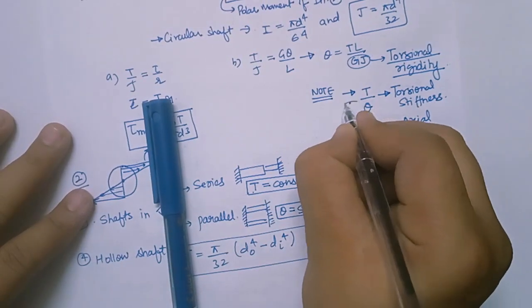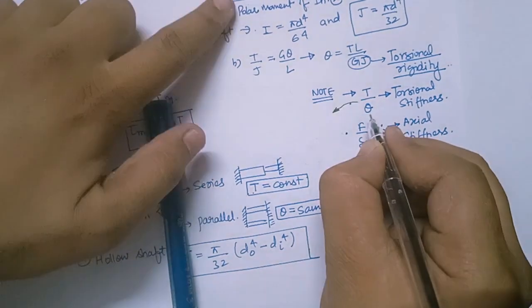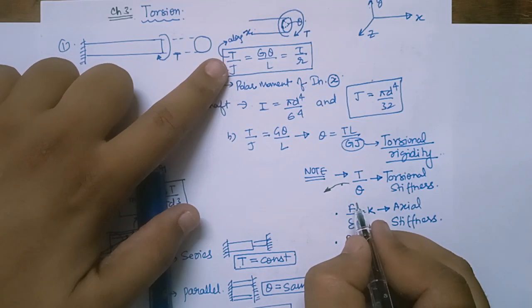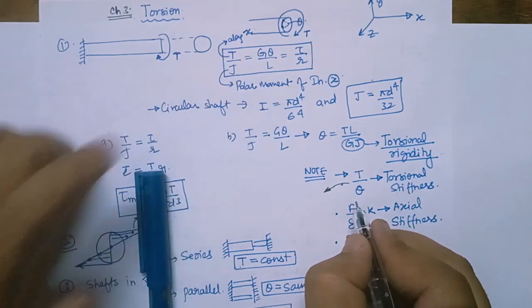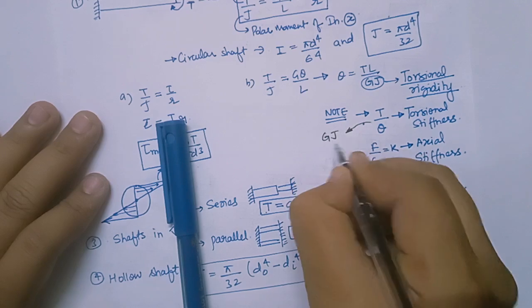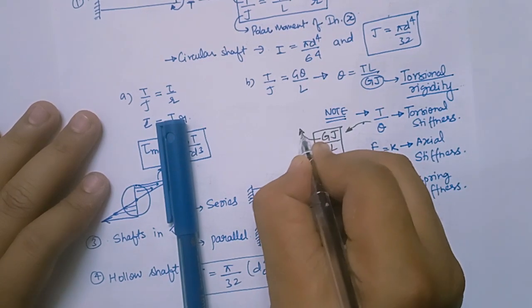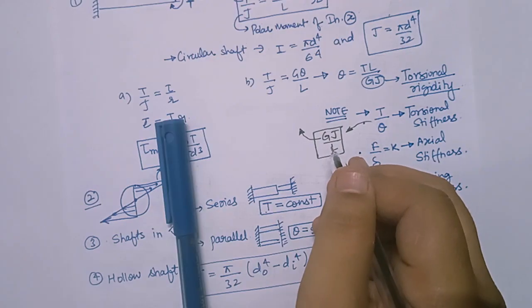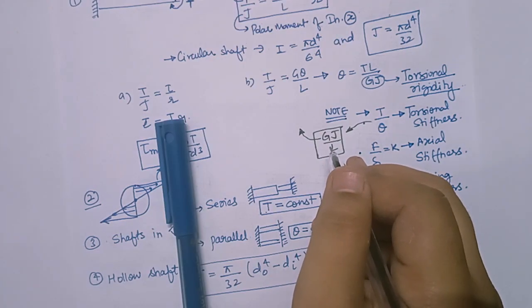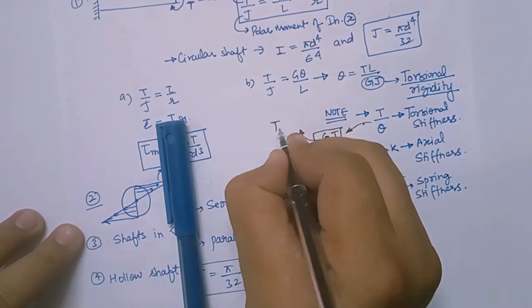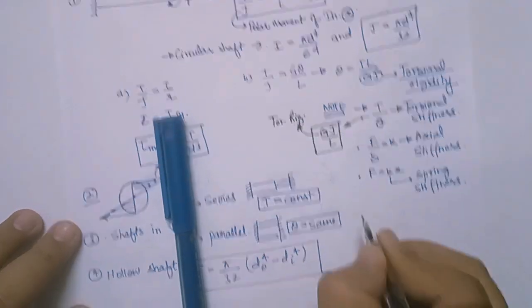The torsional stiffness could also be written as T by theta. From here, T by theta comes to GJ by L. And we already know what GJ is: torsional rigidity.